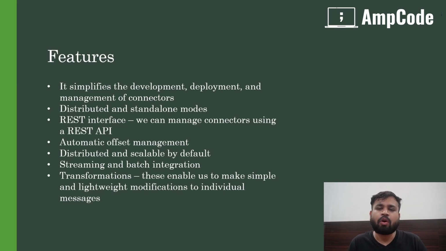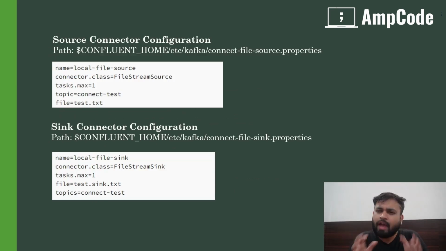So let's talk about how we can implement it in a few minutes. Once you have installed Confluent Kafka, which we are going to see eventually, let's discuss how we can do the source configuration as well as the sink connector configuration. The source connector configuration is defined in some properties files.